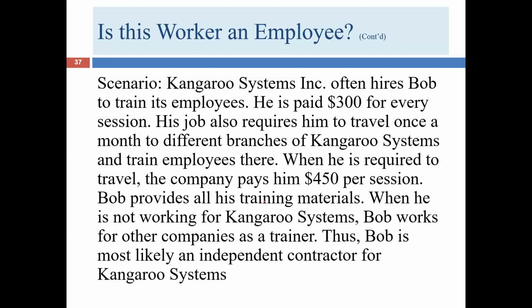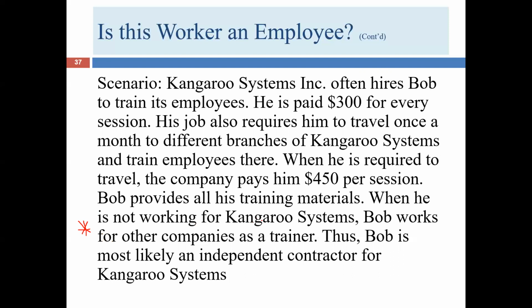So in these situations, he has multiple clients. I mean, Kangaroo is one of his clients, but he also functions as a trainer for other companies. This might be the single most important fact. And of course, you want to drill down and figure out, well, how many other companies is he a trainer for? What percentage of his income is from Kangaroo? All of those would be relevant.